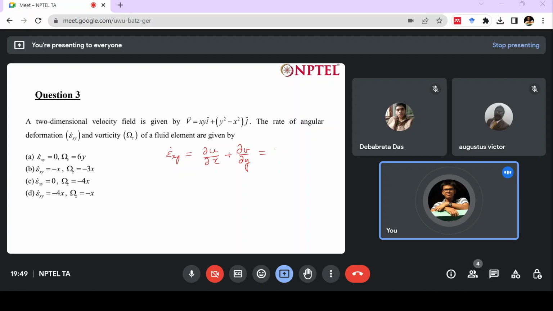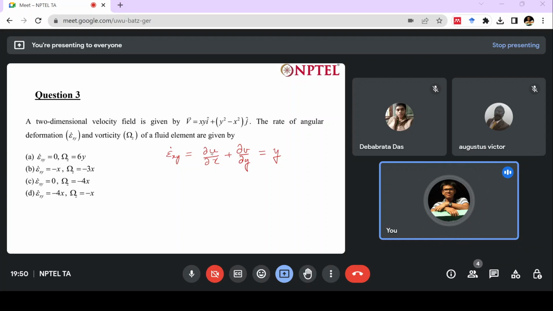So you will have y. And notice these are already done with components, so there will be no vector signs here. When we are taking u, we are only taking the x component, and the x component is not a vector. The whole thing is a vector which has different components.